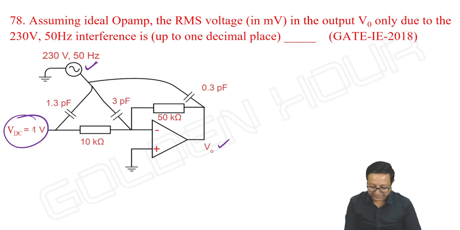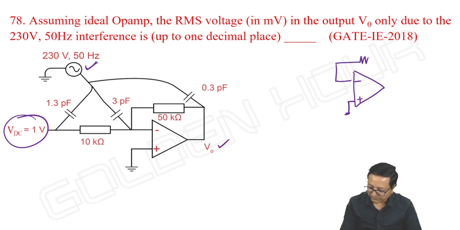If the DC source is 0, how does the circuit change? Anyway, the feedback resistor is 50K.